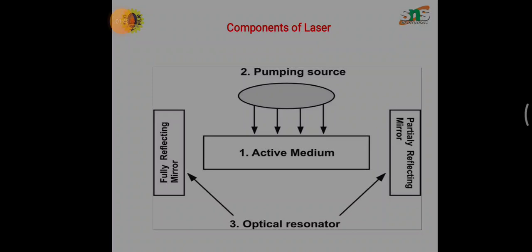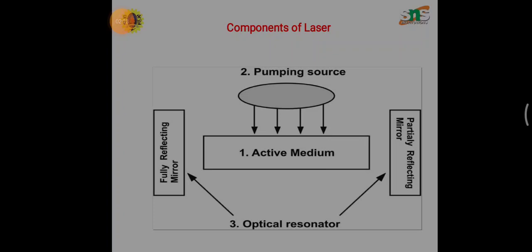This optical resonator acts as a feedback system in amplifying the light emitted from the active medium, by making it undergo multiple reflections between the 100% mirror and the partial mirror. Here the light bounces back and forth between the two mirrors, and hence the intensity of the light is increased enormously.